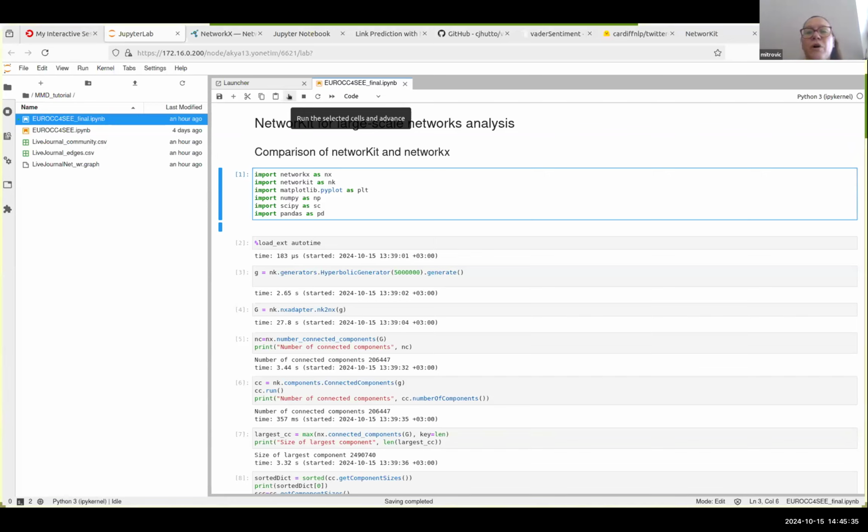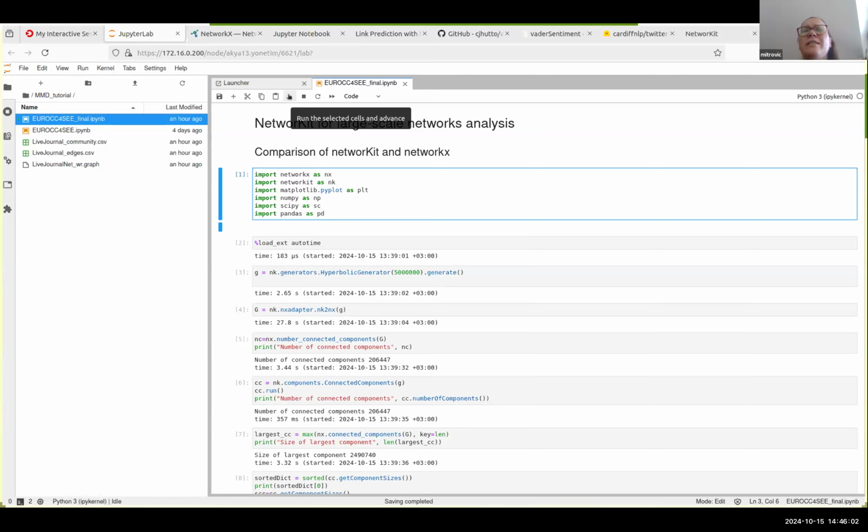NetworkKit is a relatively younger module, unlike NetworkX, which has a very broad scope and a lot of algorithms already developed.